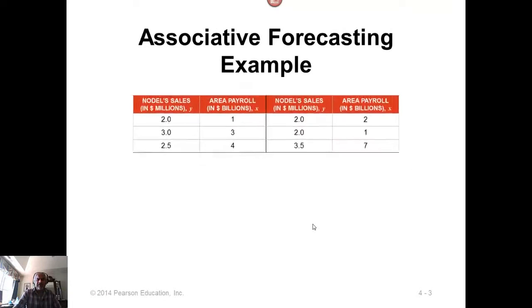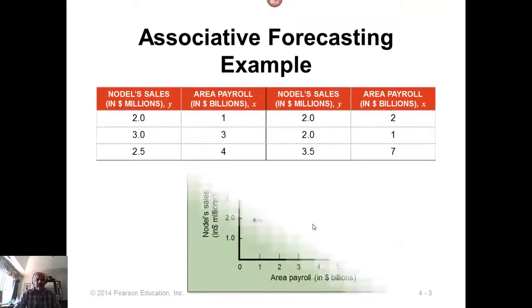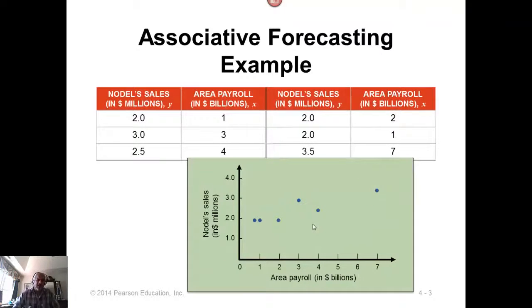So let's look at an example. Suppose we have sales recorded in millions and the area payroll is in billions. So the units are very, very important. You have to pay attention to that. And we have 6 data points. We are now trying to fit a straight line through these points such that the sum of squared deviation is minimum.